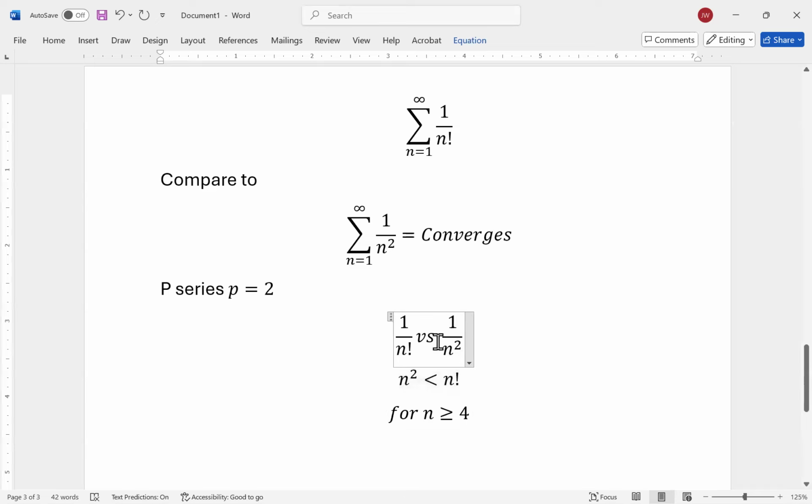That means 1 over n factorial is smaller. I have a smaller number because I have a bigger number in the denominator. 1 over a bigger number is smaller than 1 over a smaller number. Again, these two are the same inequality statements, just the second one is the one I get from the first one when I cross multiply.